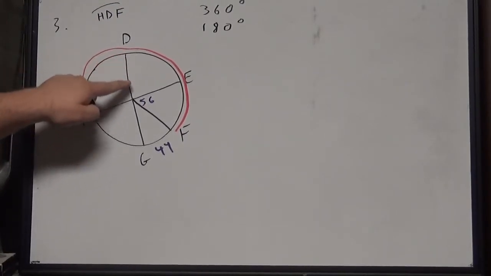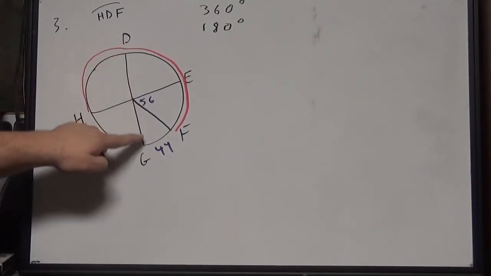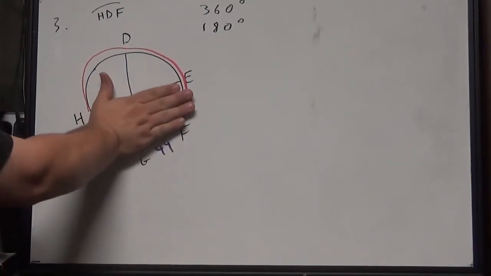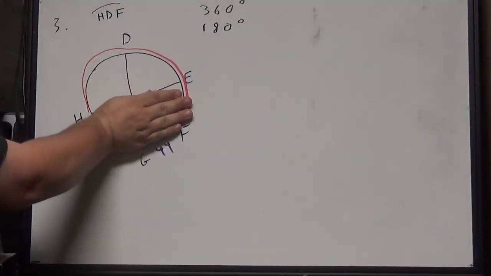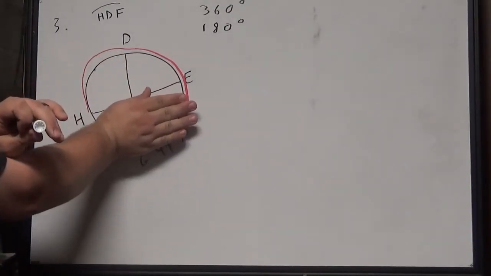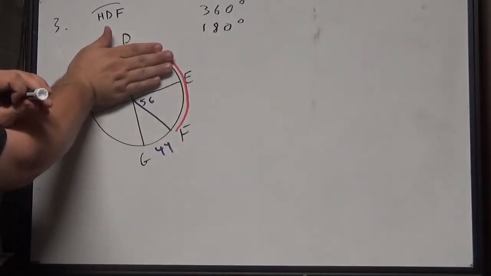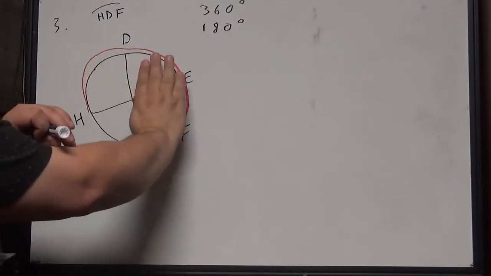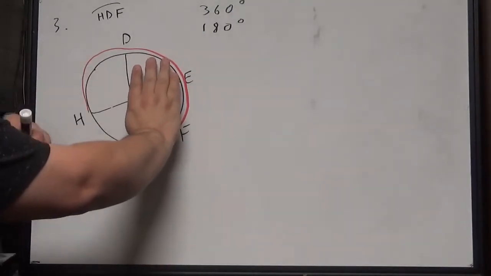If we split it down the middle, this half of the circle would be 180 degrees. Also, this half would be 180 degrees. This would be 180, and this part is also 180.